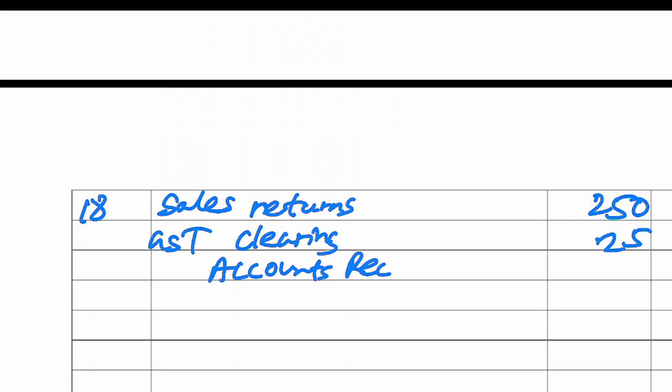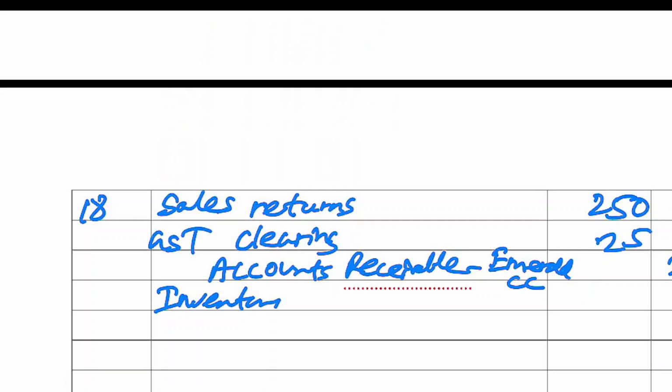Yep. Are you missing anything? And then cost of goods 200. Debit or credit? No, sorry, inventory first. Inventory 200. Why debit? Why did you debit inventory? Asset increase. Very good. We are getting back the goods. Cost of sales 200 at credit.